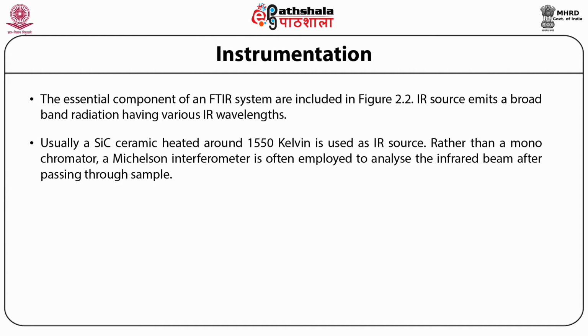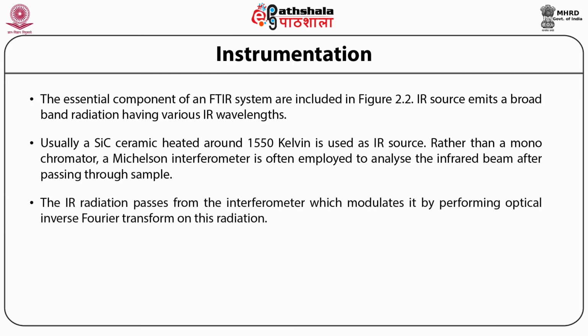Rather than a monochromator, a Michelson interferometer is often employed to analyze the infrared beam after passing through the sample. The IR radiation passes through the interferometer, which modulates it by performing an optical inverse Fourier transform on this radiation.